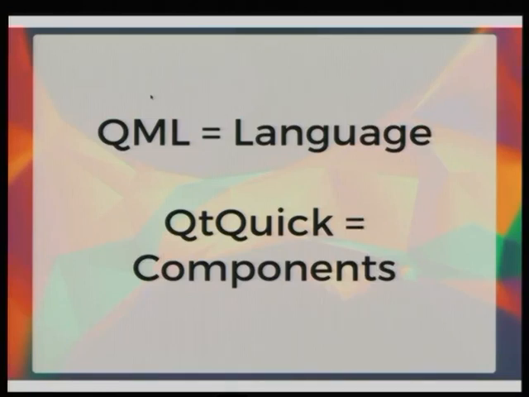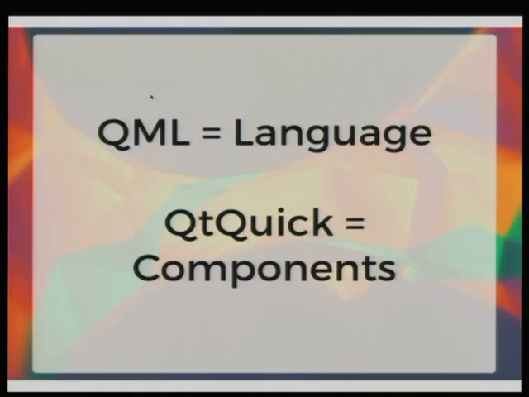One important note, which is sometimes confused for historical reasons when the separation wasn't like that: QML really is just the language, right? When I say QML, I really mean just the language, nothing else. The language on its own cannot do anything, right? It's just a syntax.